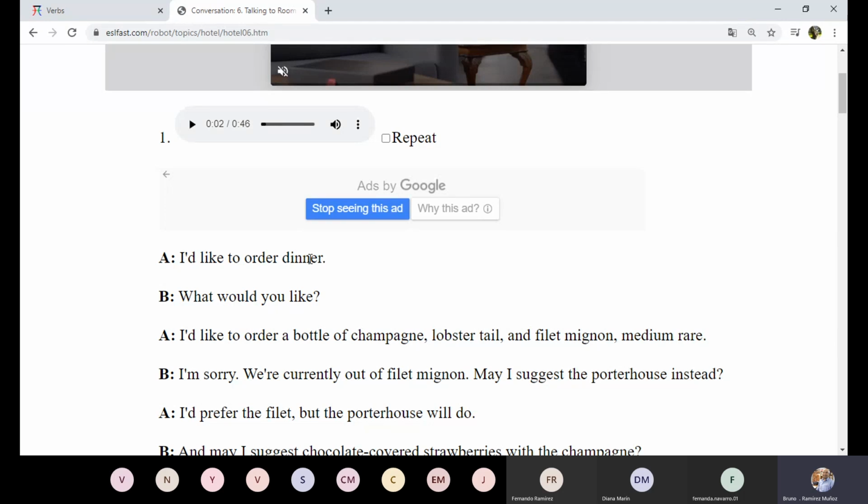Some people would say dinner, and the last sound would be a schwa, right? But in this case, I think we can hear an r at the end of this statement, right? I don't know. What about you? I'd like to order dinner.